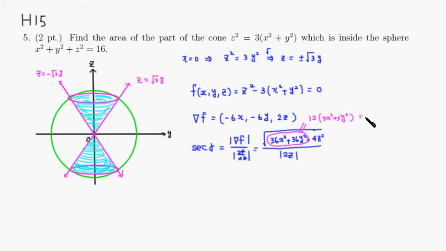So this is actually 12z squared. This is the square root of 12z squared plus 4z squared, so the square root of 16z squared, which is 4 absolute value of z. On the bottom you have 2 absolute value of z. So you can cancel z and z, and 4 and 2, so it's going to be 2. So secant of gamma is actually 2.